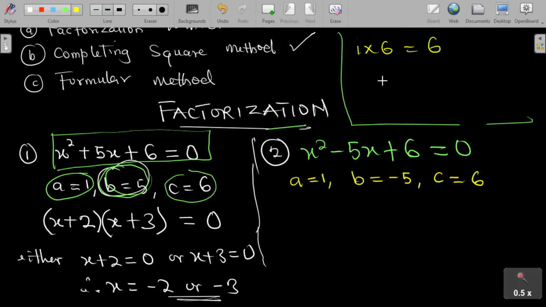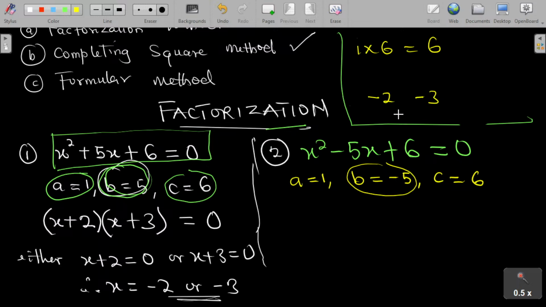So I'm still looking for two numbers that will multiply to give me 6, and add to give me -5. And the two numbers will be -2 and -3.